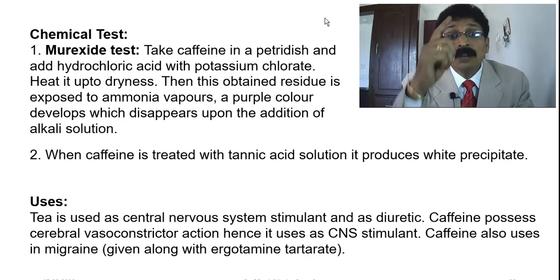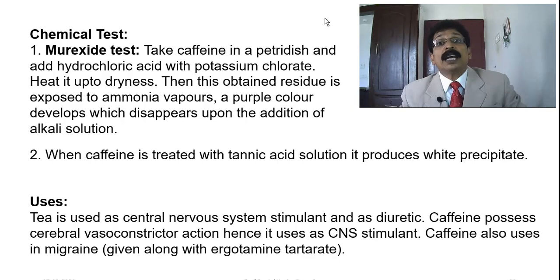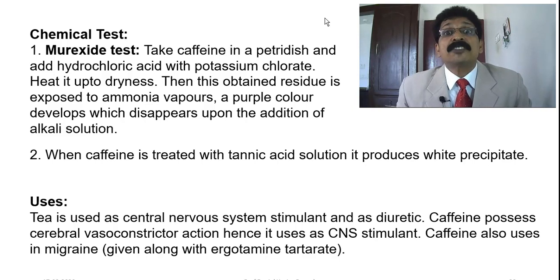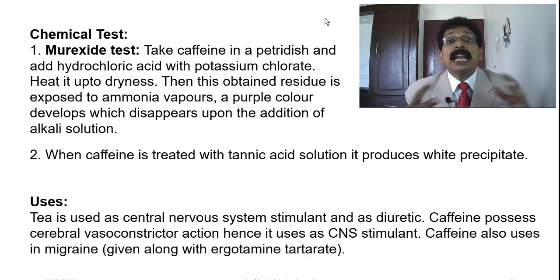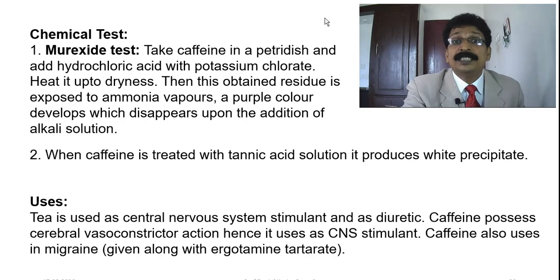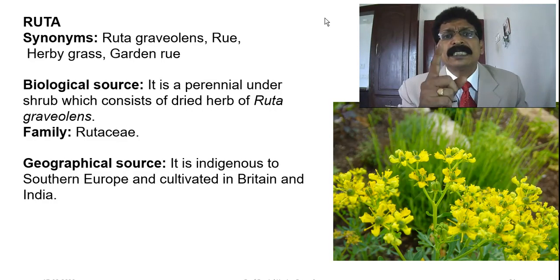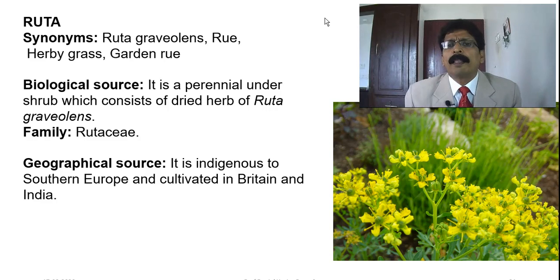It can be given along with ergometrine tartrate. It can relieve migraine and has a stimulant effect. So ergometrine, which you are using for migraine, can be given along with tea or coffee or caffeine. Now we are coming to the next example, Ruta.